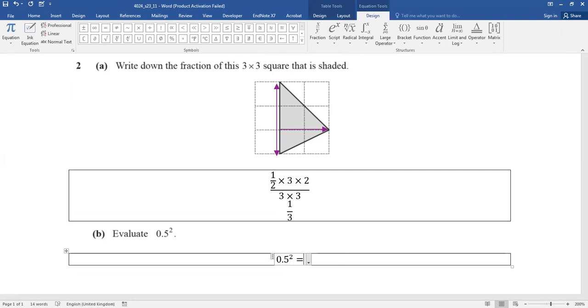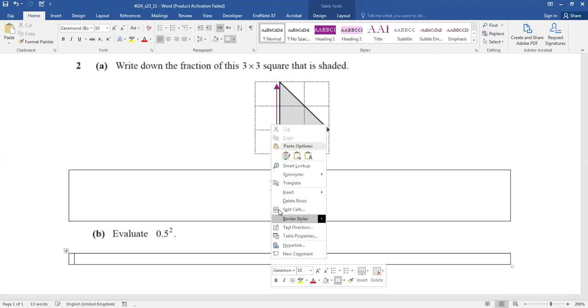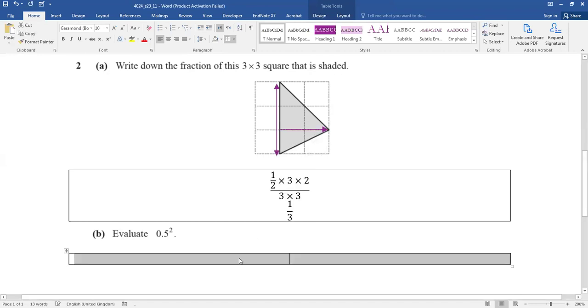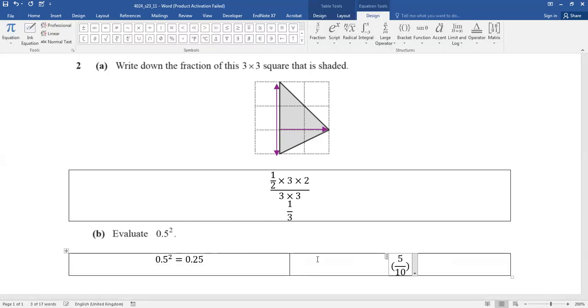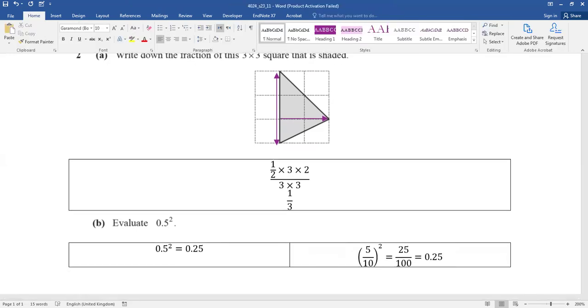You'll get 25, and then you'll have to move it 2 decimals, which makes it 0.25. Or another way of doing the same question is I can write 0.5 as 5/10, and I can square it. That becomes 25/100, which is 0.25. So it could have been done through either way.